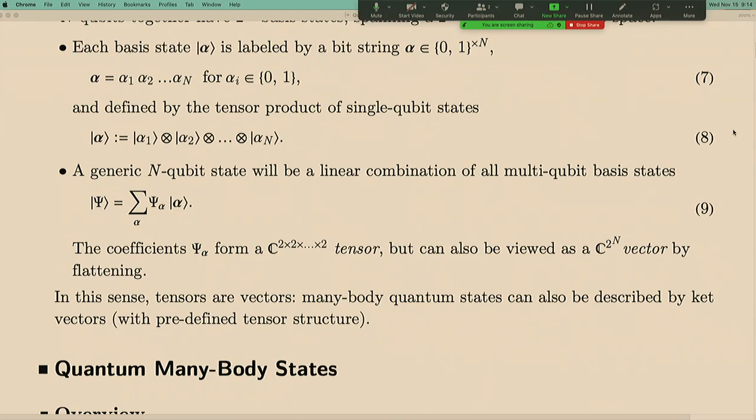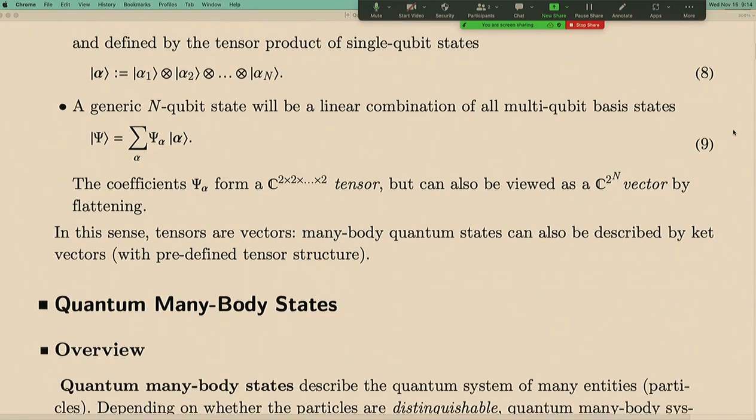It's very important to notice that the basis state can be decomposed into the tensor product of subvectors. It is not generally the case, because in many cases, for example, if you take a superposition of these basis states, this vector will no longer be able to be decomposed into a tensor product of vectors in the subsystems. So only the basis state, I shouldn't say only, I should say at least the basis state has this very nice property, but that's not general.